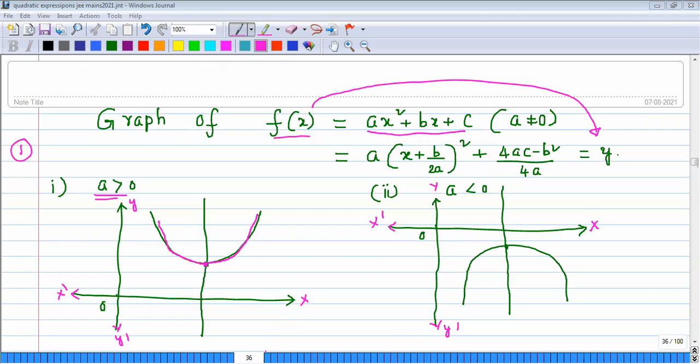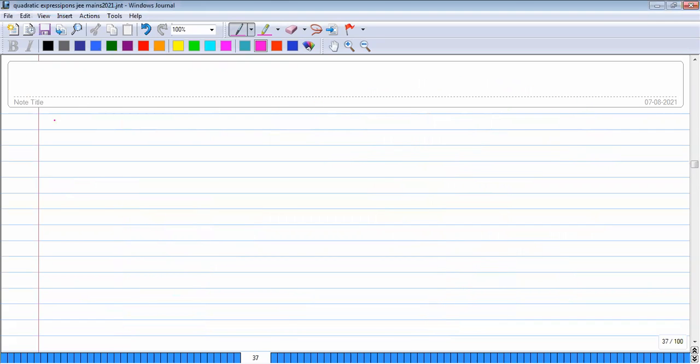So we notice these points. Let us write it now. First point: b square minus 4ac is less than 0.